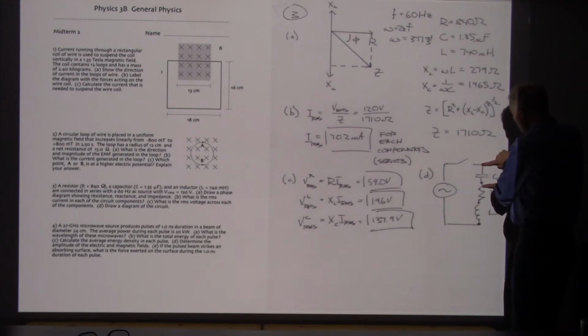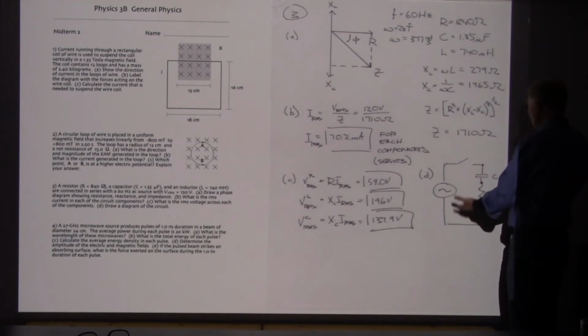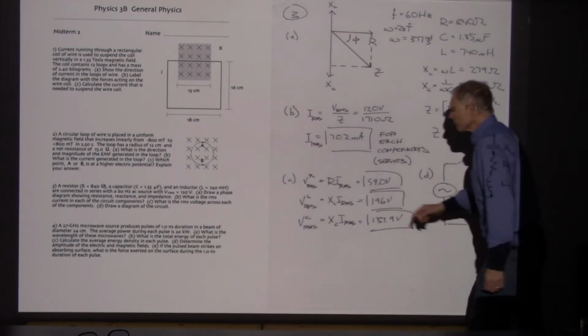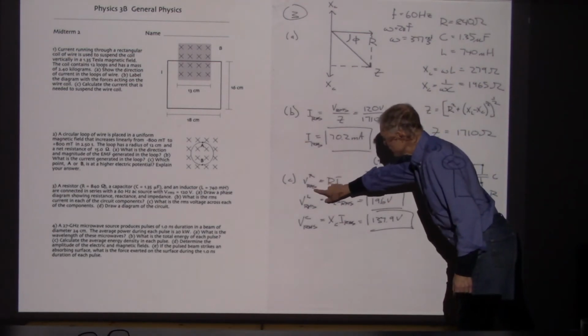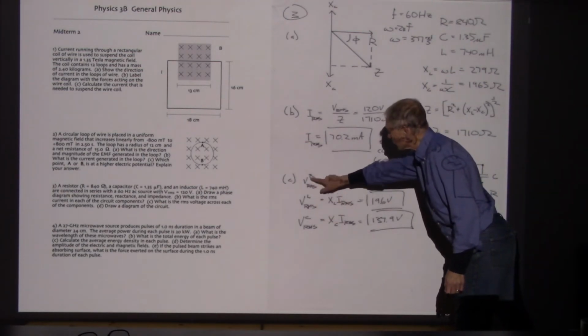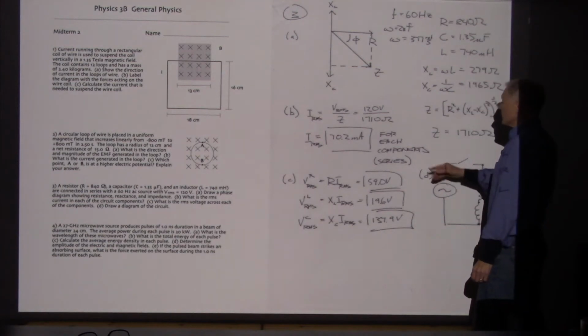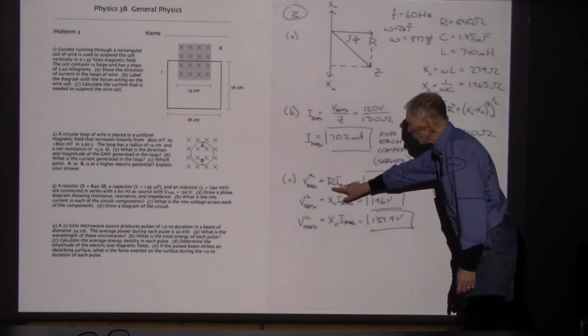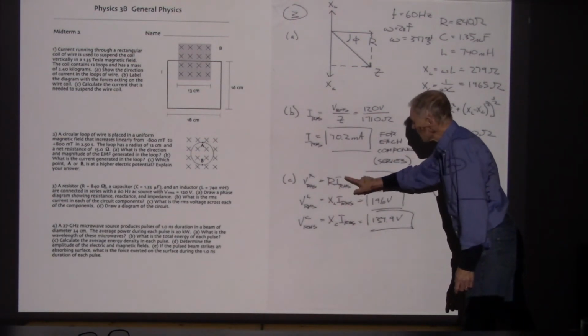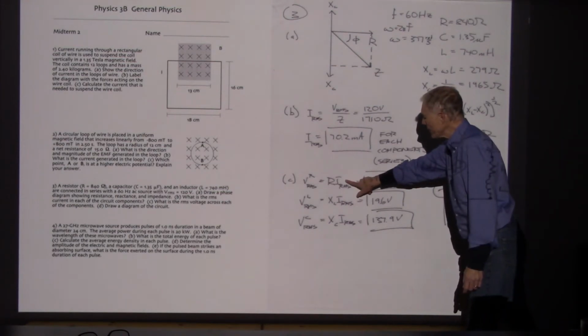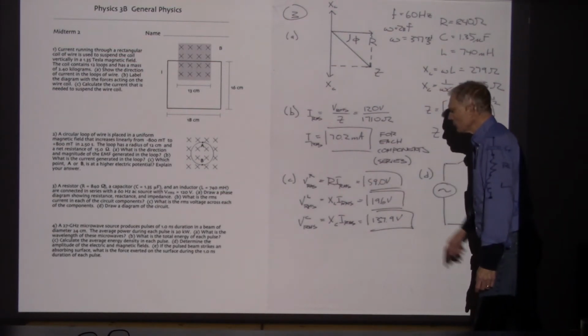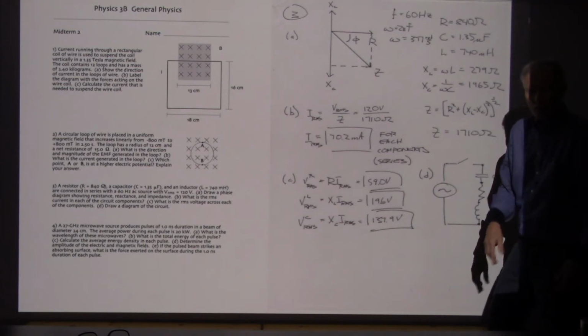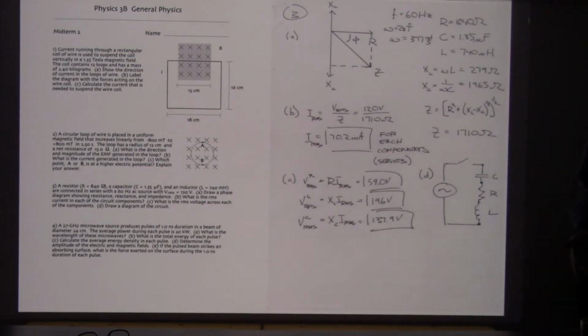If I put my voltmeter across my capacitor, what's that going to read? Well, for each of these devices, the capacitor, the inductor, the resistor, I can take the R value or the XL or the XC, multiply it by I RMS, and I can calculate individual voltages. Now, the individual voltages are out of phase with each other.